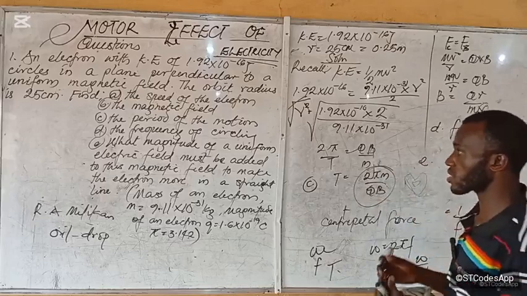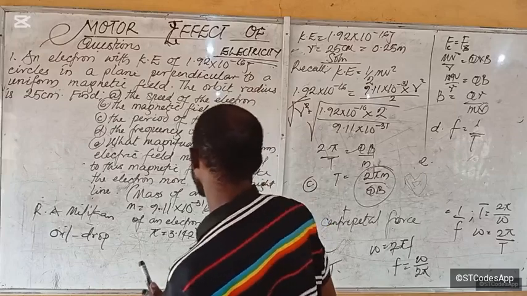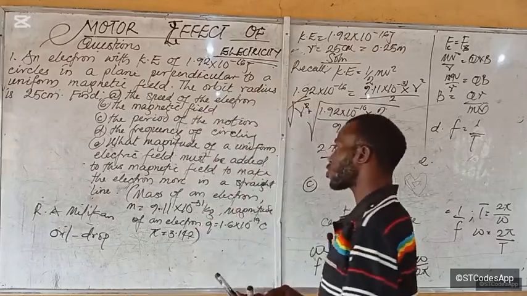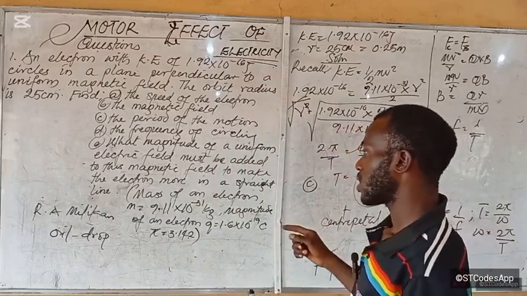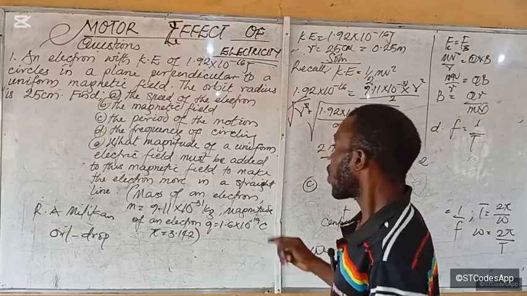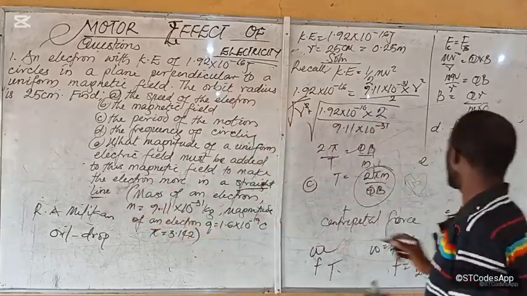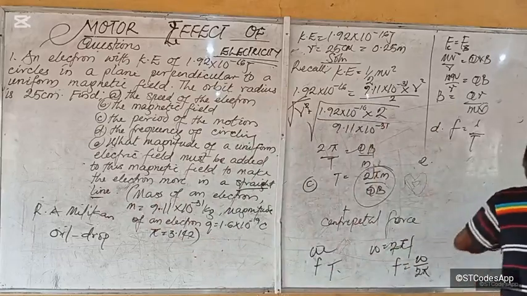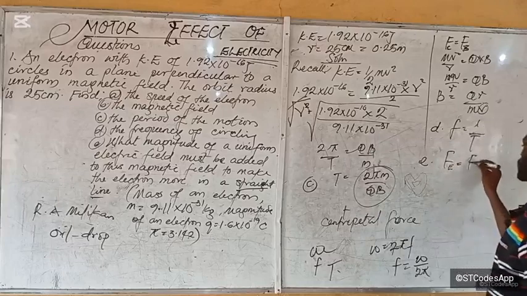All right. Then E will now be what? What magnitude of a uniform electric field must be added to this magnetic field to make the electron move in a straight line? Okay, if the electron moves in a straight line, now listen, that's the major word there. It means that the magnetic force and the electric force are equal.